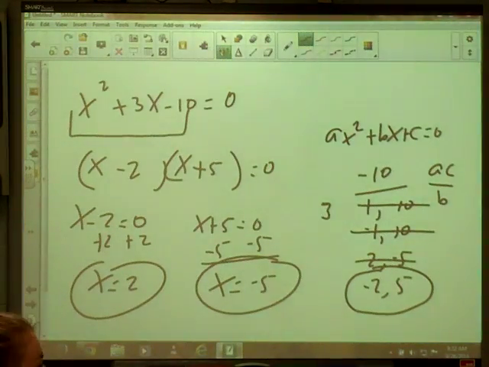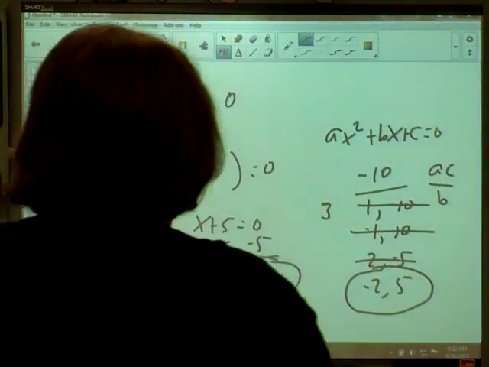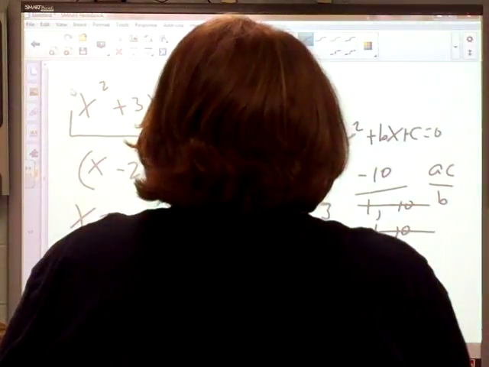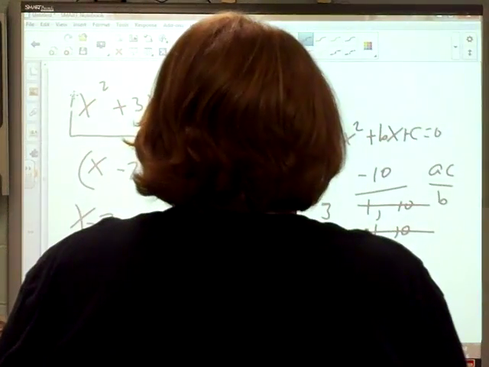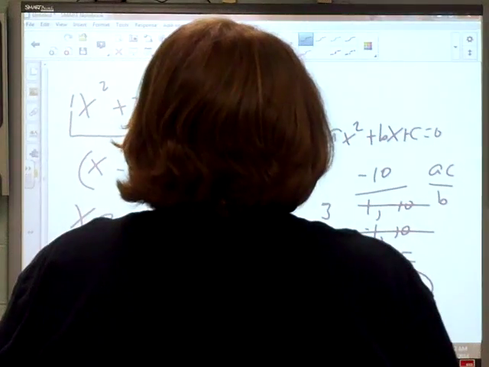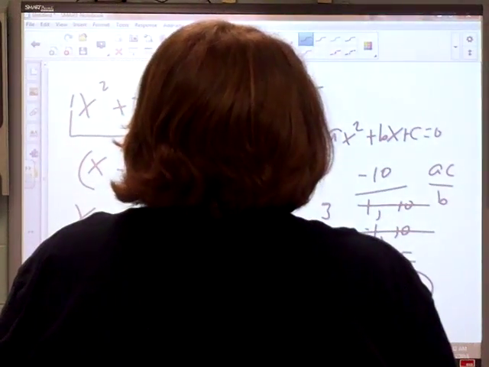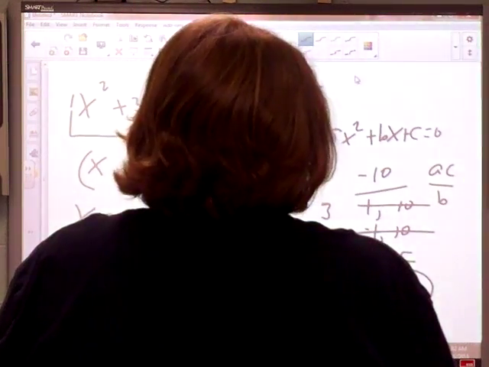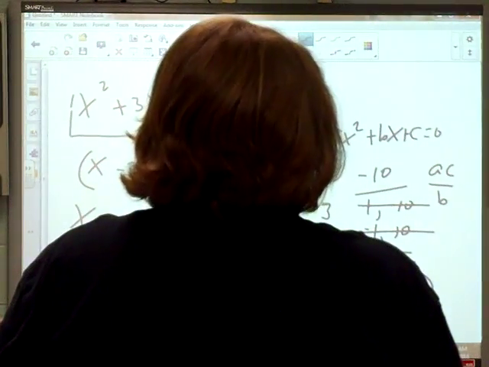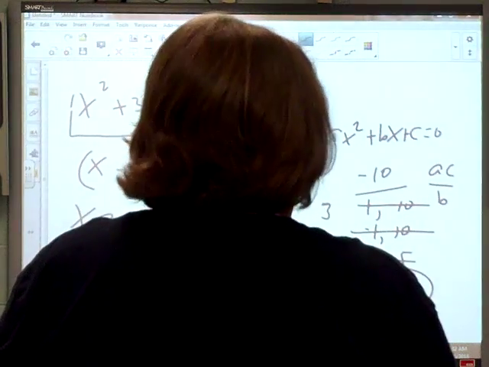I don't understand the first part. Like when you add them to... I don't even know what we're adding. You have, this is 1, right? There's no number in front of it. So you take your A times C, 1 times negative 10. And what times what gets me negative 10? Well, you could make 1 times negative 10 equal negative 10.